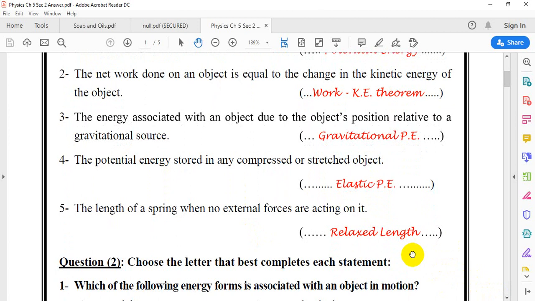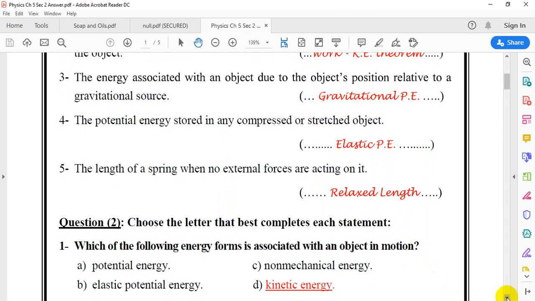The length of the spring when no external force is acting on it is called the relaxed length, when the spring is in its original length.